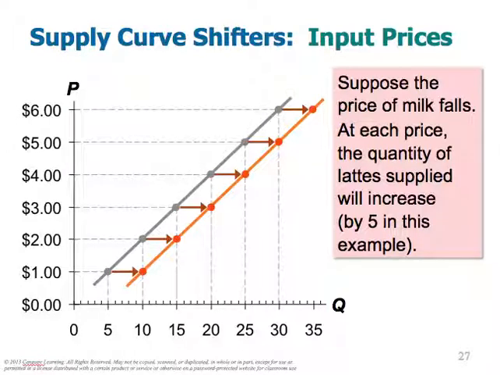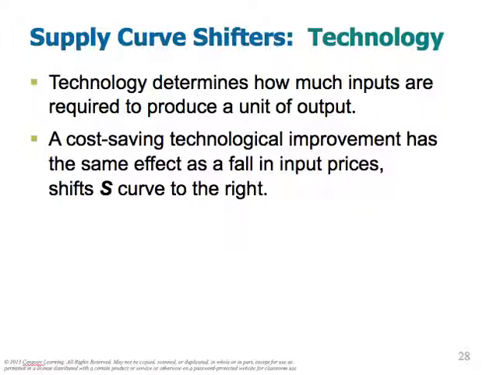Another example of a supply curve shifter is technology. Technology determines how much input is required to produce a unit of output. So technology determines the efficiency in the production process. The more advanced the technology is, the cheaper typically it is to produce a good.